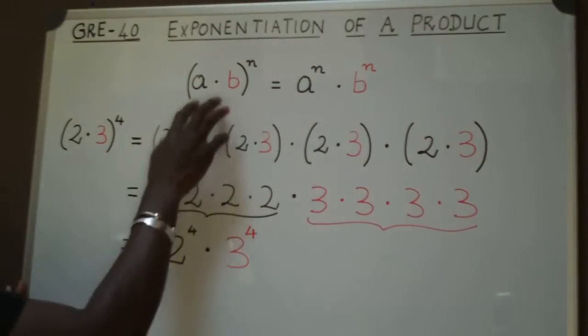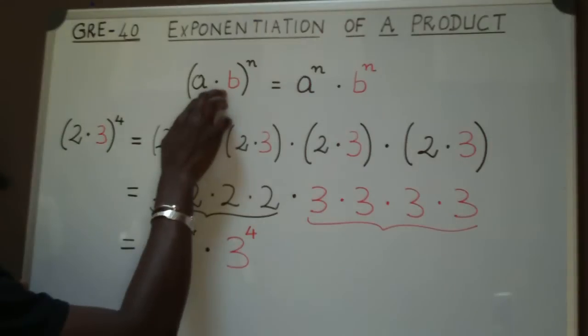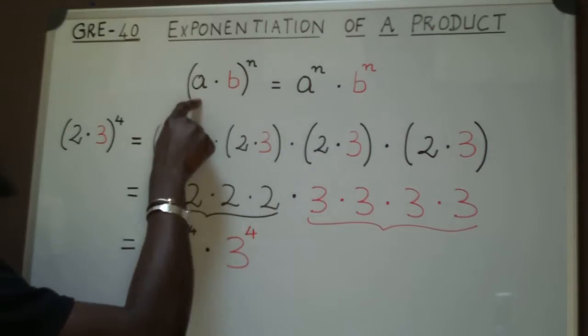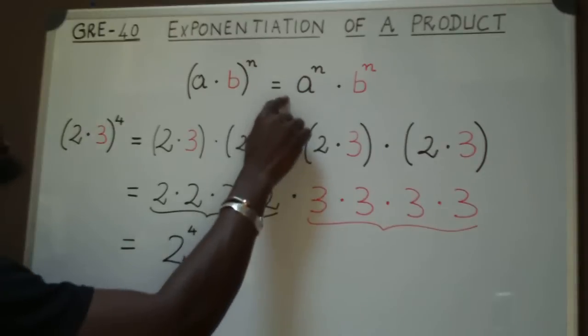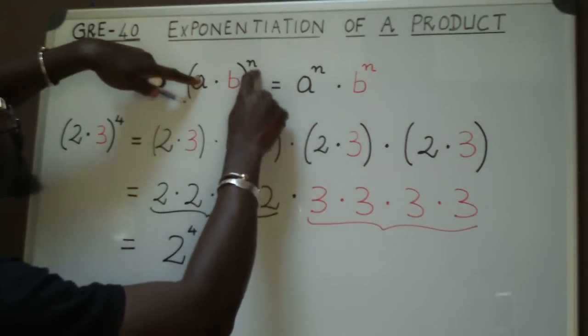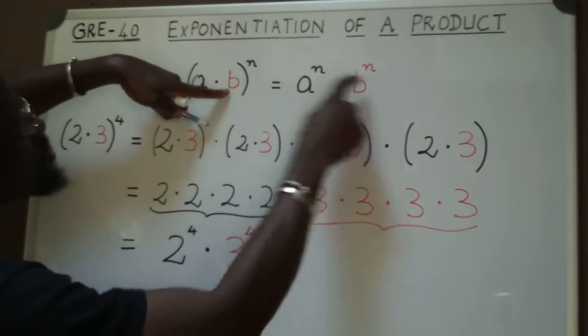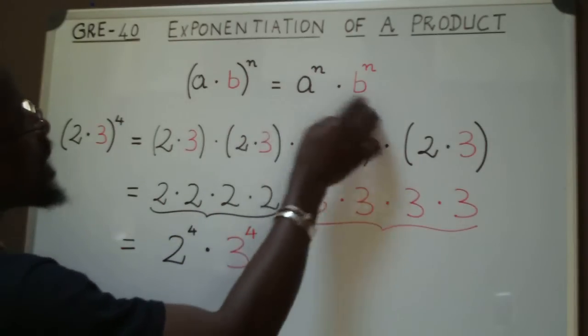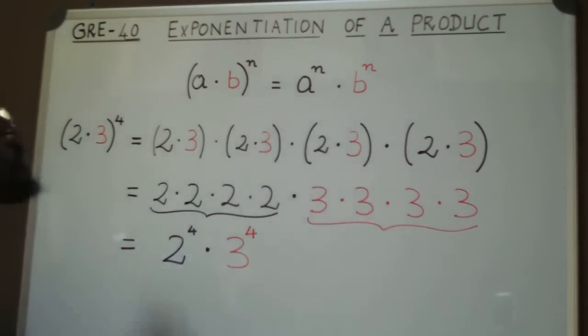In other words, if you take the product of two numbers and raise that product to an exponent, what you get is exactly equal to raising the first factor to the exponent, then raising the second factor to the exponent, and then multiplying together the two powers that you obtain.